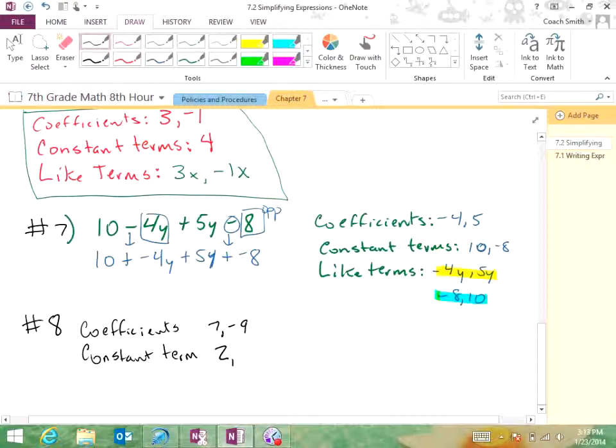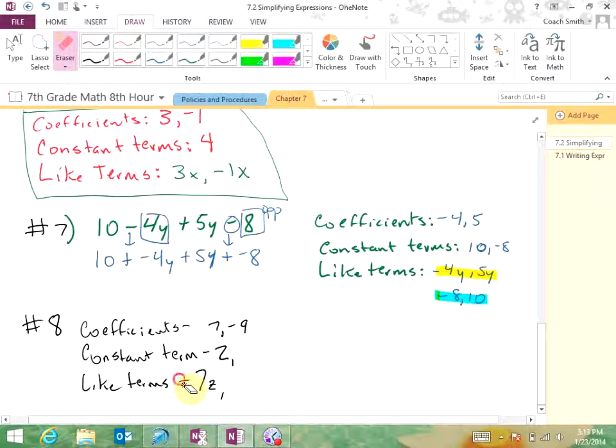Okay, so what is the like terms in the problem? Anthony, give it a shot. Correct, and there's one more. Yeah, z. So your like terms are 7z.